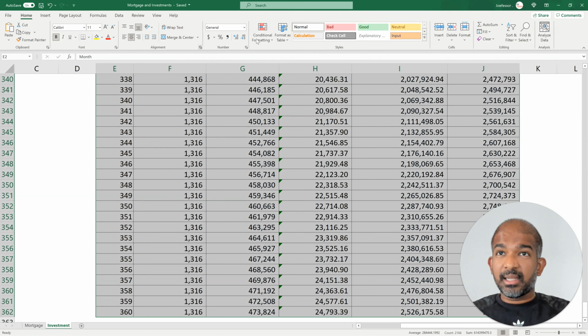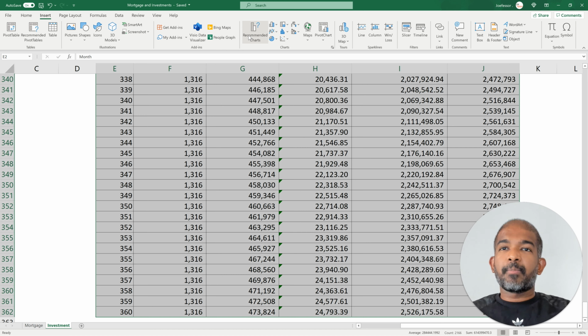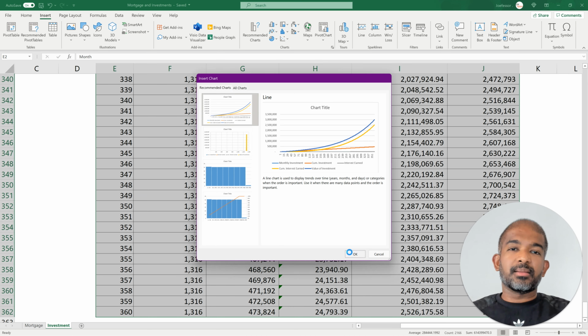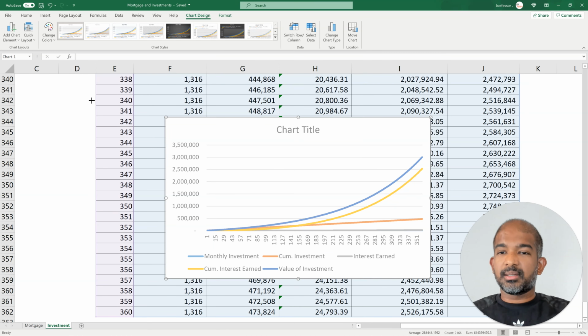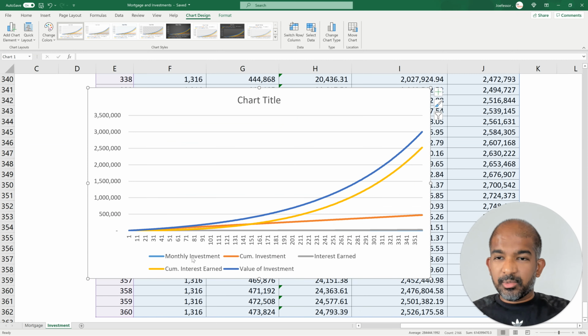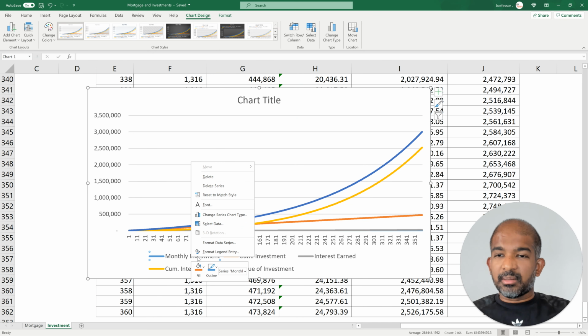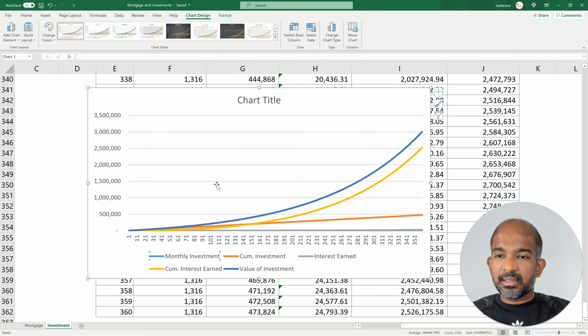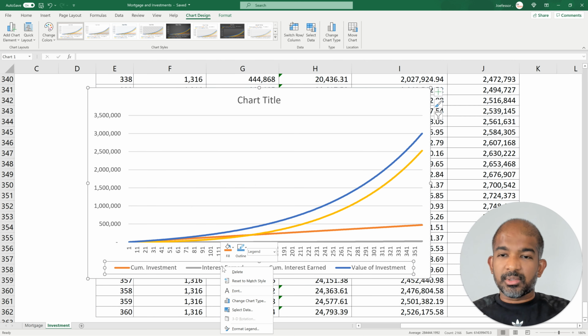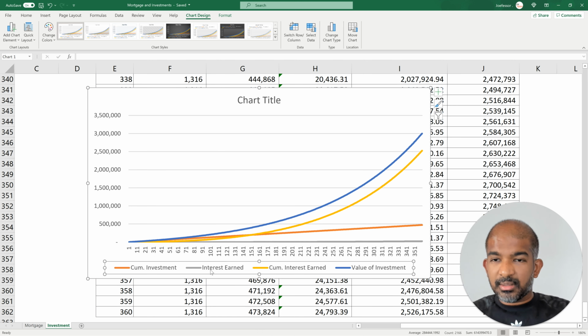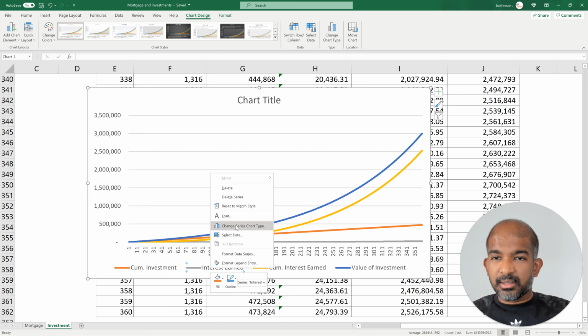If it's out of scale, we can try to remove some of the variables. Let's see what's going on here. I'm going to remove the monthly investment. I'm going to also remove the interest earned.